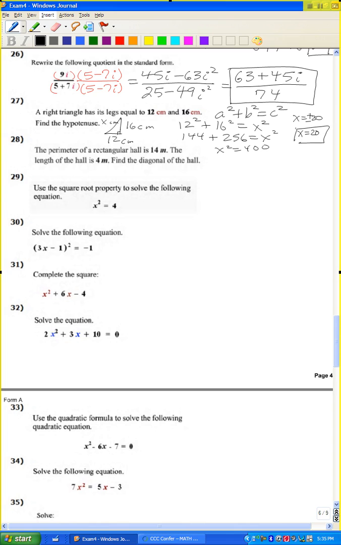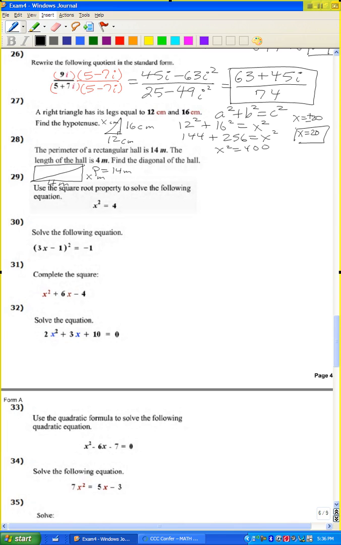Let me do the next problem. I just barely have enough room for that. It's going to be a little squeezed. The perimeter of a hall is 14 meters. The length is 4 meters. I don't know the width, so I'll call it x.